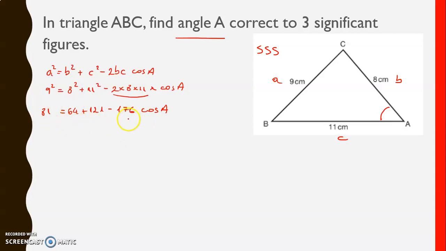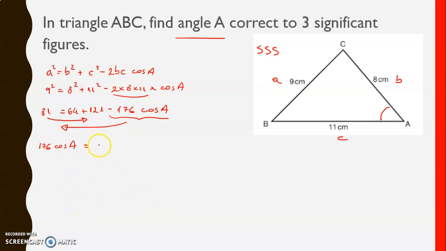Okay, so we want to rearrange this. I prefer to have this positive. So first I'm going to move this to the other side of the equal sign. So we will end up with 176 cos A. Right here it was minus 176, so when we move it to the other side it will be plus, equals to, and we don't really want this 81 here, we want to get it to the other side, because remember our aim is to make A the subject. We want to end up with A equals something.